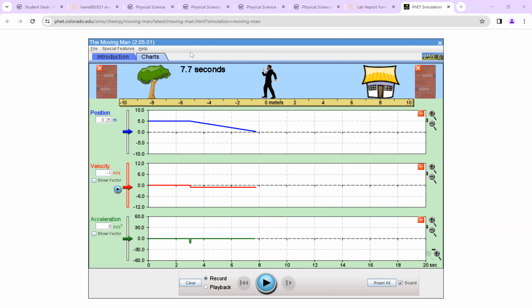In the next 5 seconds, the ball moved, it's always from and to, from being 5 meters away to being 0 meters away. Is that okay? Yeah.